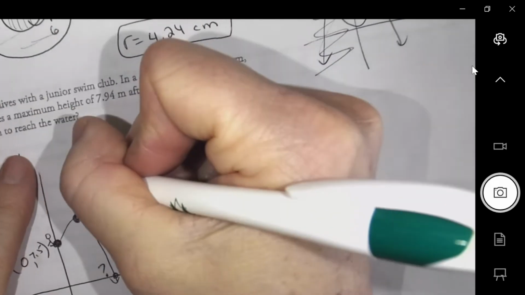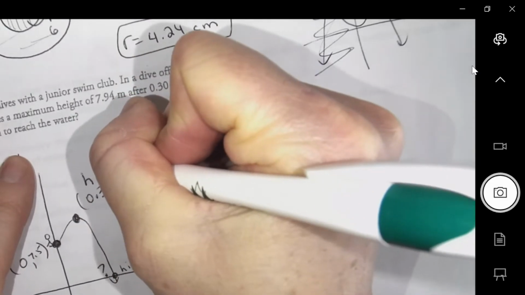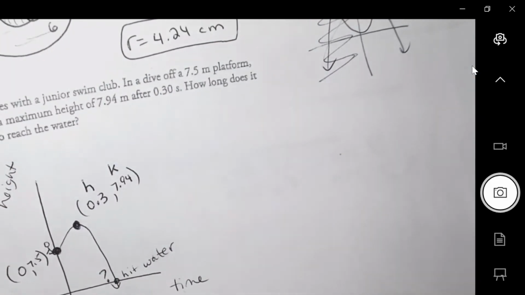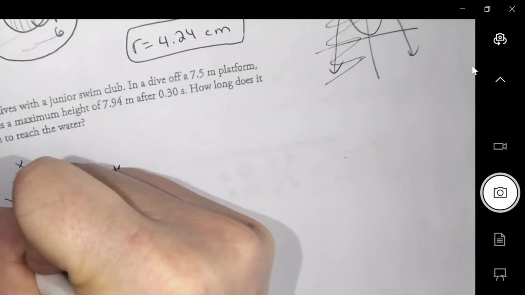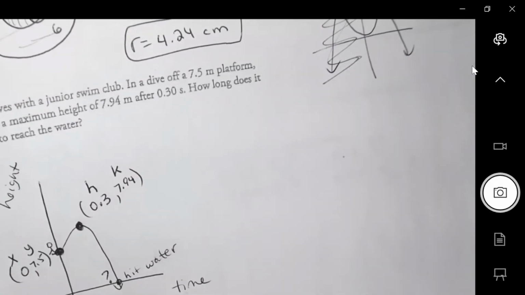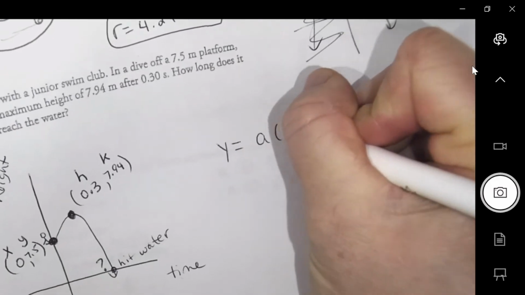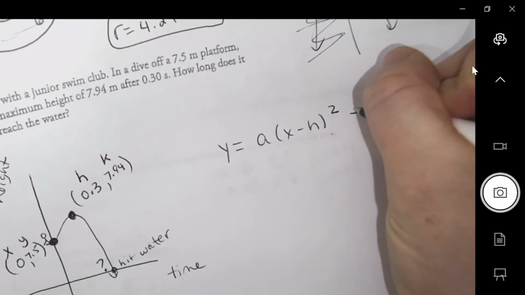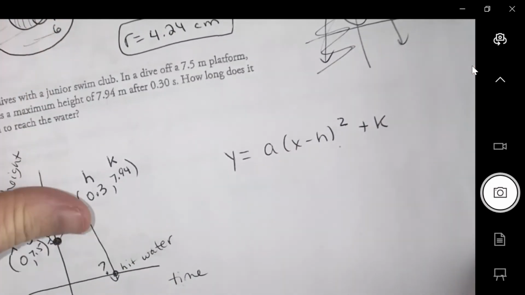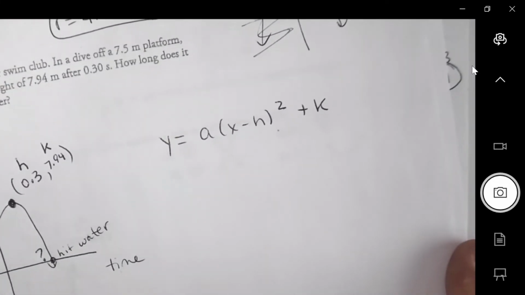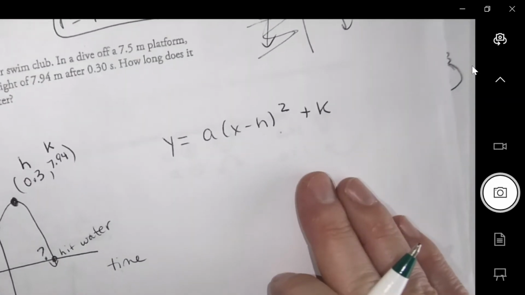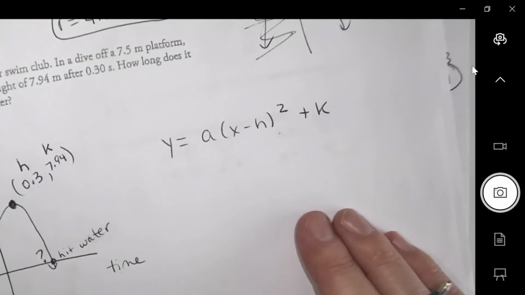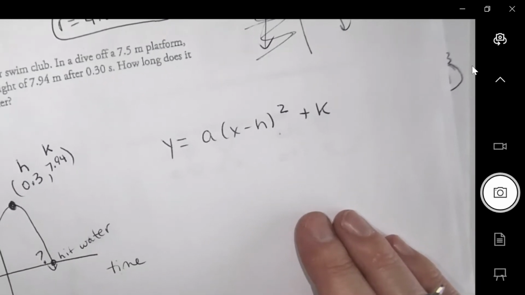So I'm going to give myself an h and a k, remember this, for the vertex. And I'm going to give myself an x and a y for another point that I have somewhere. Okay, you can use this one, or you can use the one also with the k on the other side. That doesn't matter.